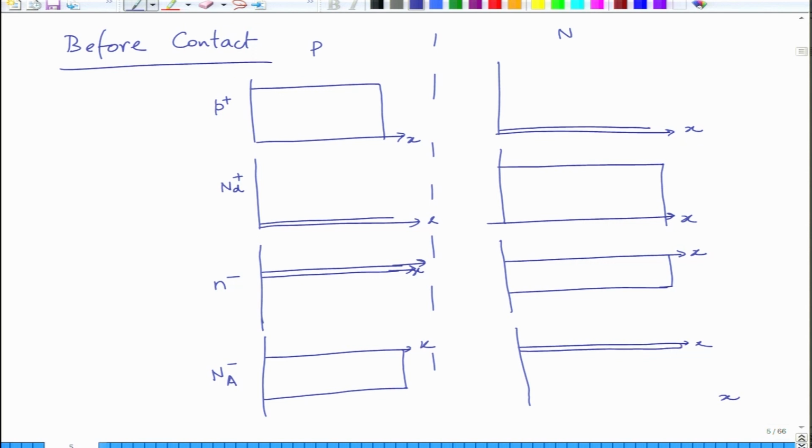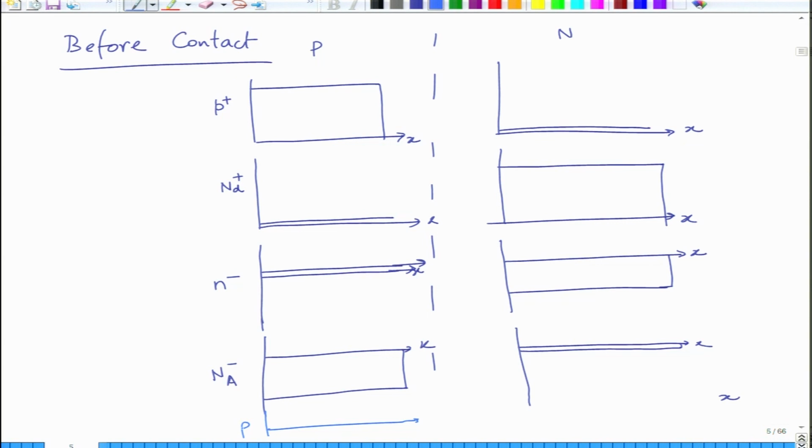So P type has very large hole concentration and very large acceptor concentration, N type has very large electron concentration and donor concentration. As a result, the net charge density, if you plot, the net charge density in both P and N type will be equal to 0.